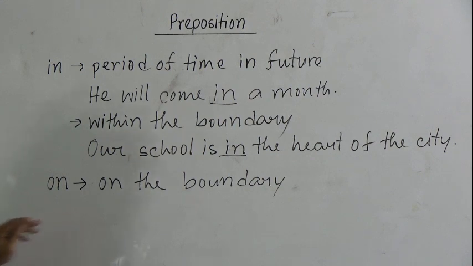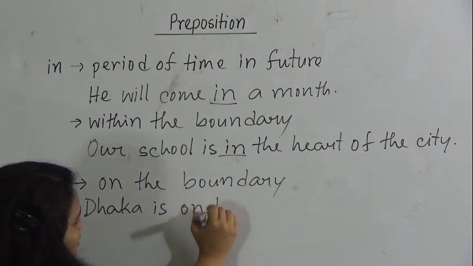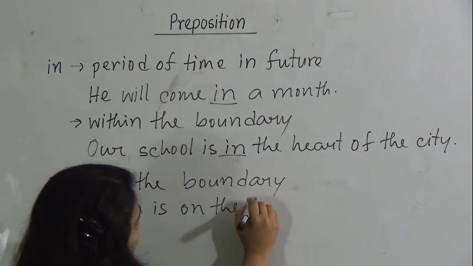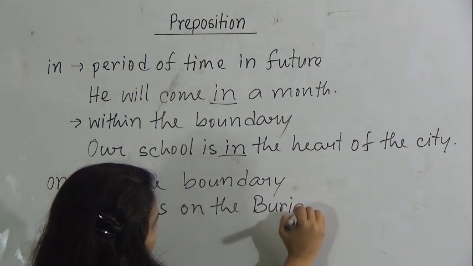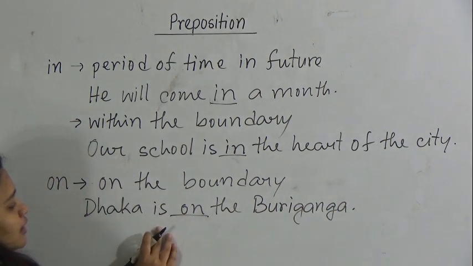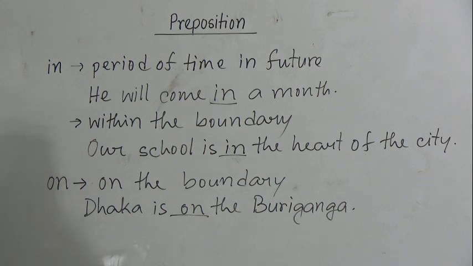Now look, Dhaka is on the Buriganga. So Dhaka is on the boundary of the Buriganga. If you want to indicate on the boundary, you will use the preposition on.